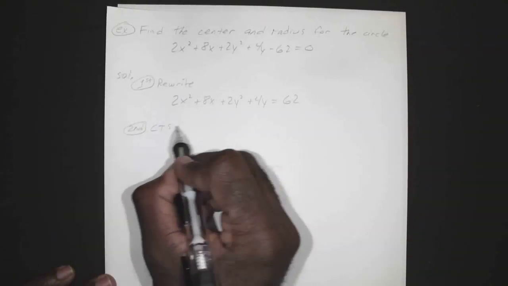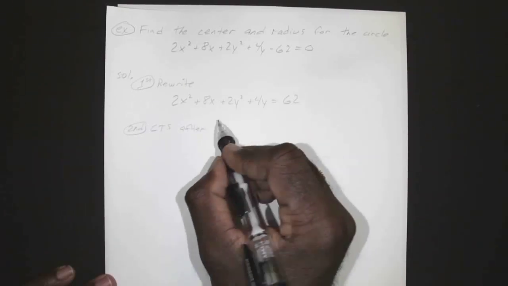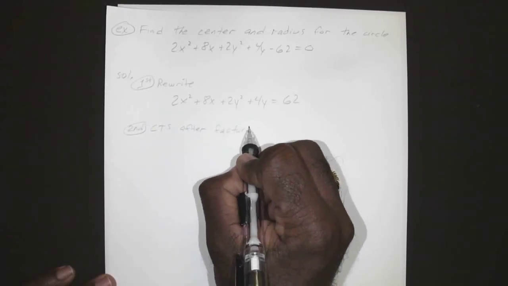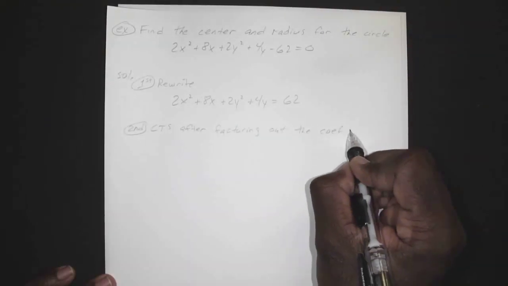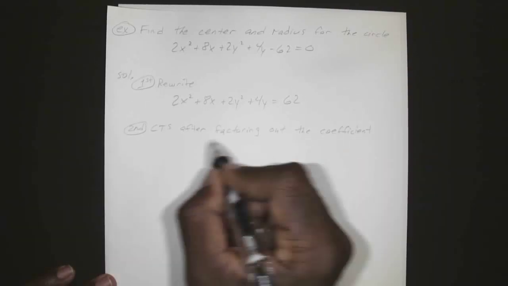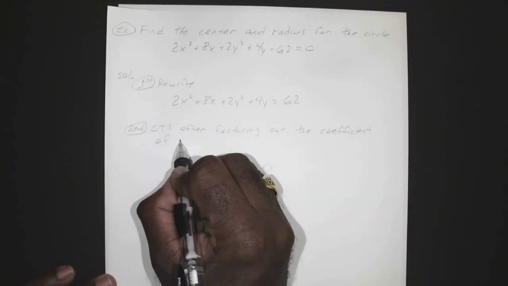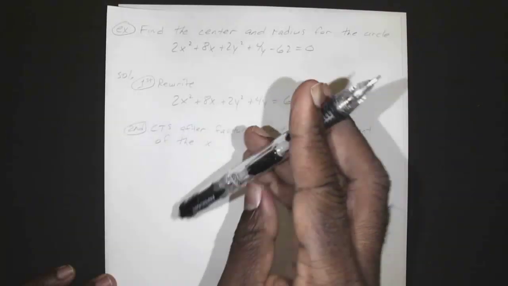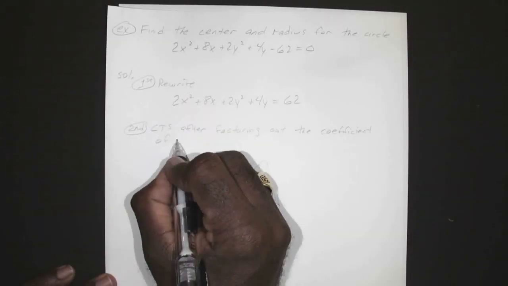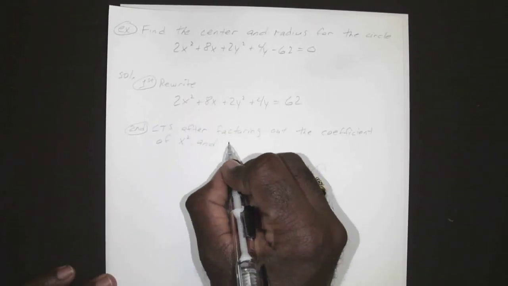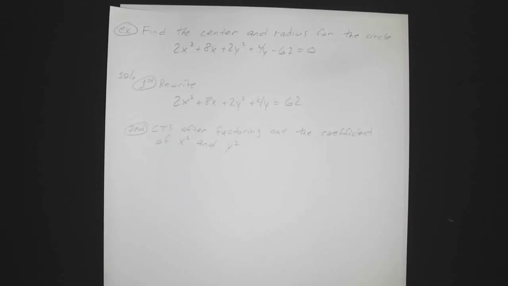So complete the square after factoring out the coefficient of x squared and y squared. We still complete the square, but we have to simplify it a little bit first.